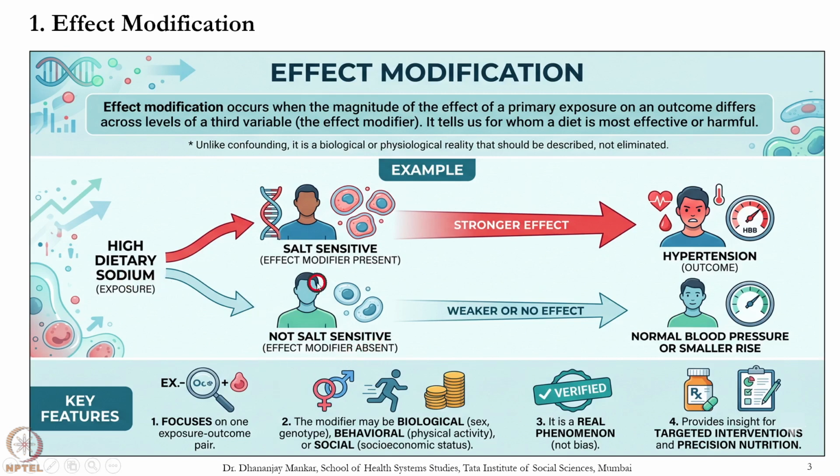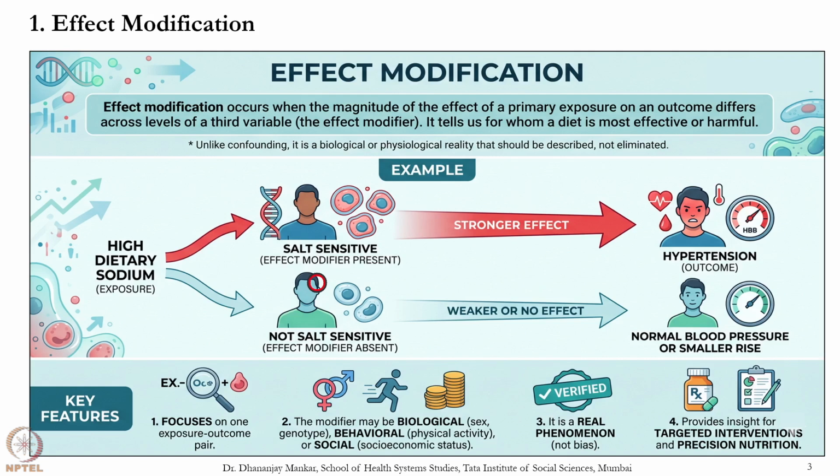So what is the strong effect? Hypertension as an outcome, where you can see elevated blood pressure, which can be seen as a stronger effect. For the weaker or no effect, you may find a normal blood pressure or a smaller rise, rather than being seen as essential hypertension.